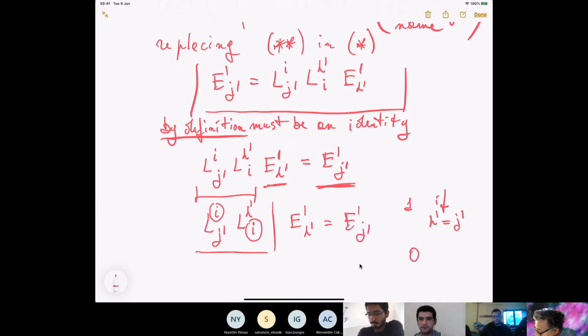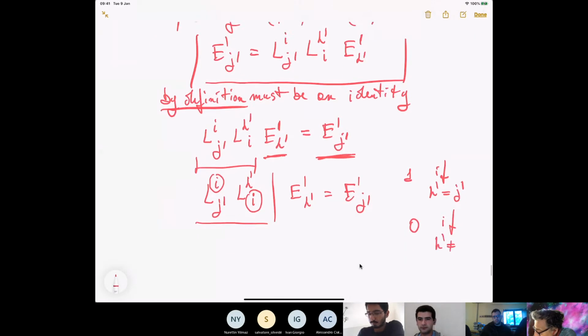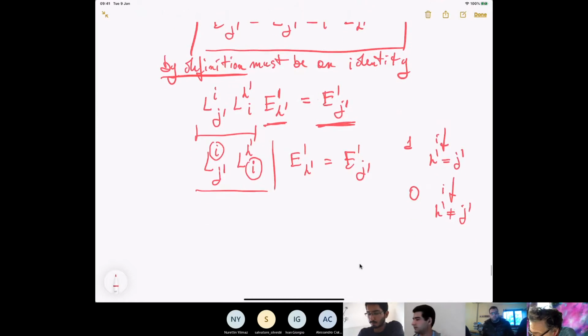And it is 0 if H prime is different from J prime. So what we have found, a trivial thing, if you like, is that L_{ij'} L_{h'i} is equal to delta_{h'j'}.